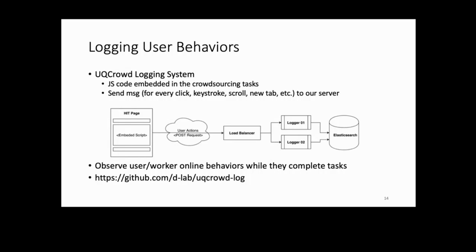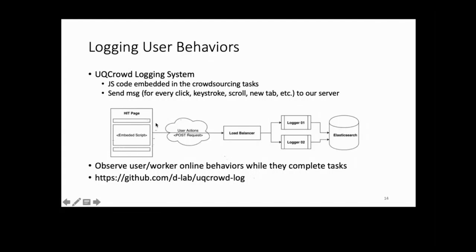Think of every mouse click, keystroke, keyboard shortcut, Control-C, Control-P, scrolling a page in the browser, opening a new tab in the browser, all these types of low-level actions that it's possible to log in a very simple way, actually.